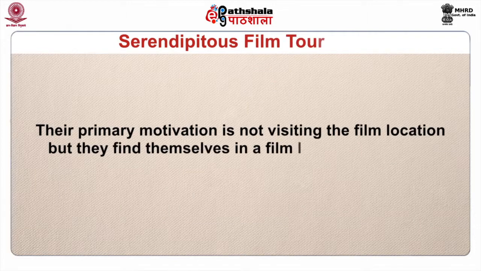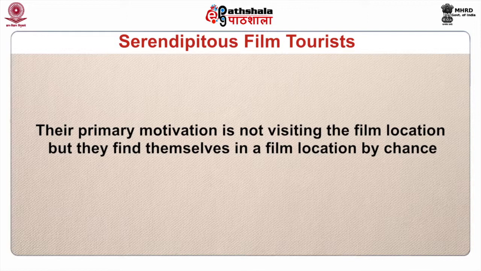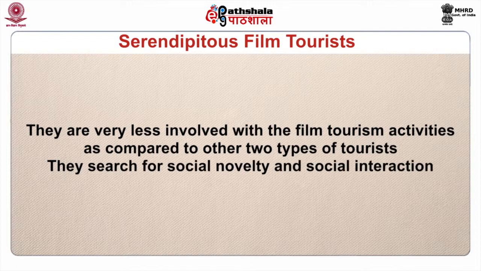Their primary motivation is not visiting the film location, but they find themselves in a film location by chance. They are much less involved with film tourism activities compared to the other two types of tourists. They search for social novelty and social interaction.